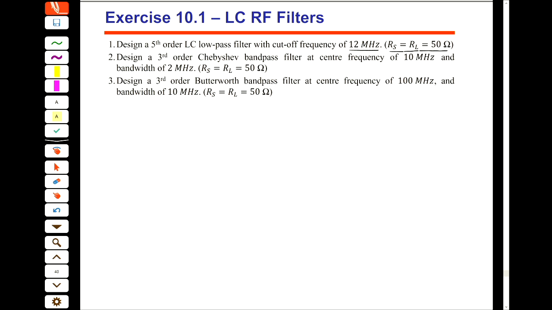Here the circuit will be like this. We have a source, this is our source, and then we have this RS, and then we can start from either the capacitor or the inductor. For example, if we start from the capacitor, the fifth order filter will be like this, and finally this is our load.